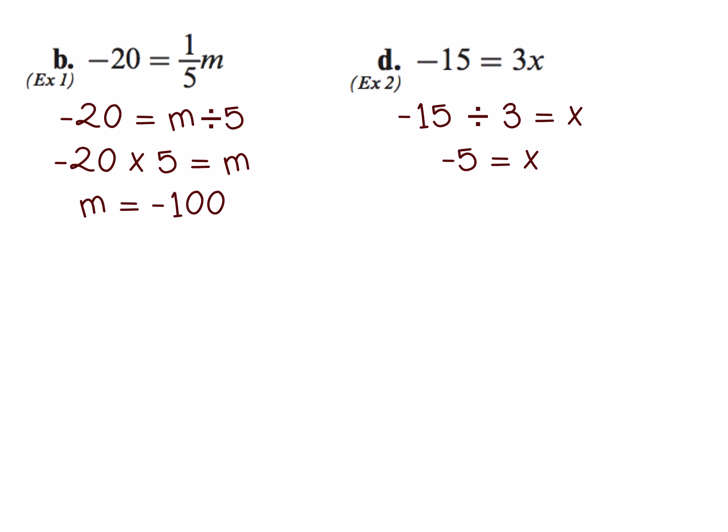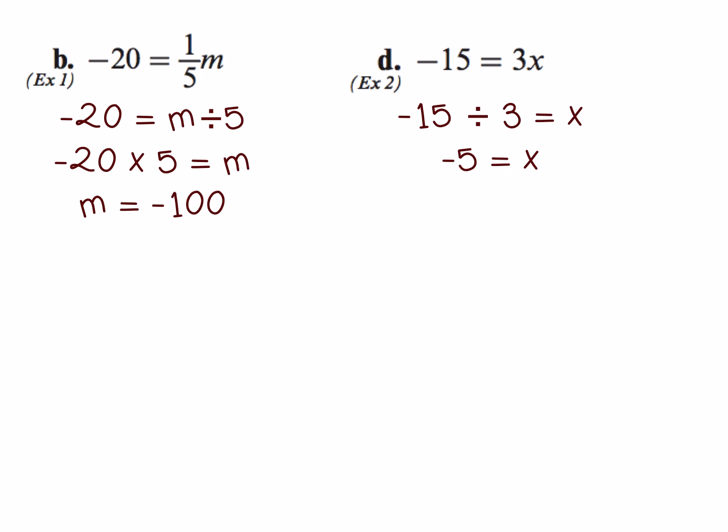And then over time, you'll become good enough with the fact triangles that you won't have to draw it, but you'll just be able to rewrite your equation using a more convenient form to solve for the variable. So that's what I've done here in examples B and D. And example D, I've rewritten the equation as negative 15 divided by 3 equals x, so x equals negative 5.